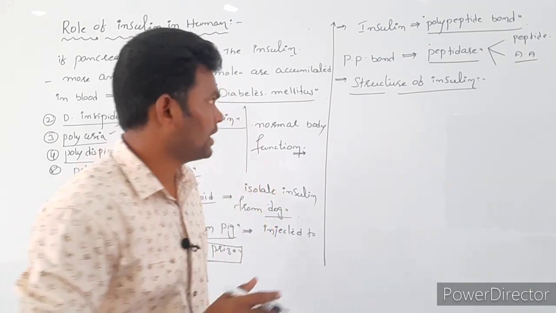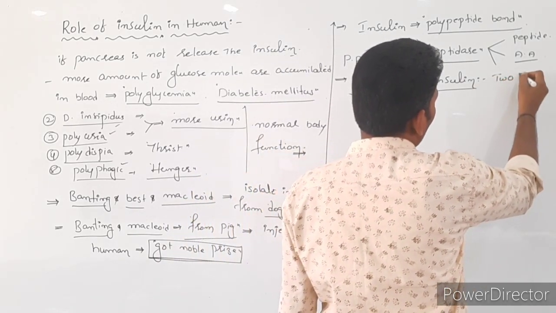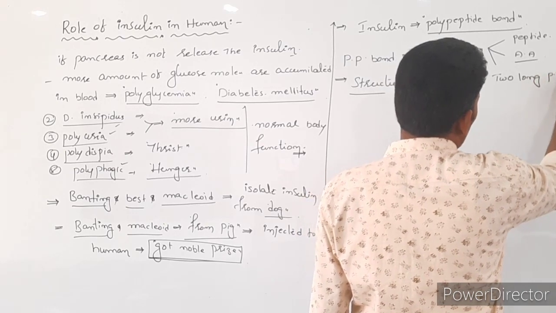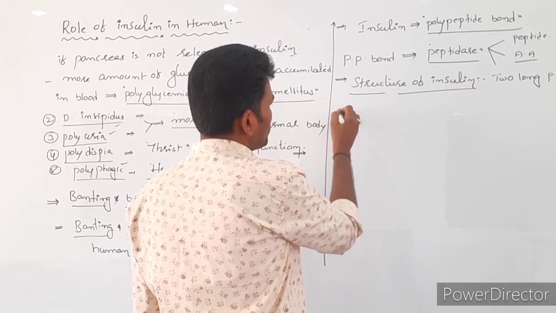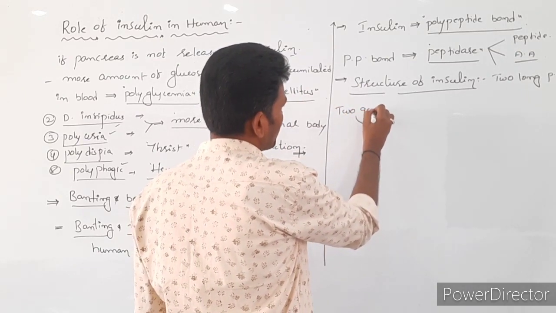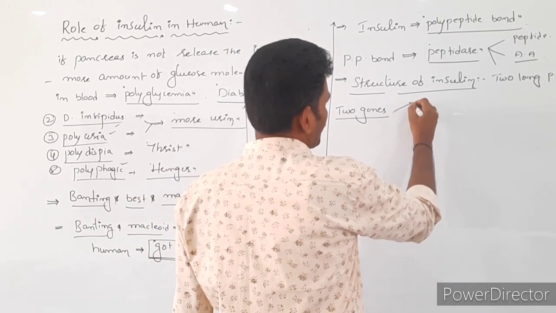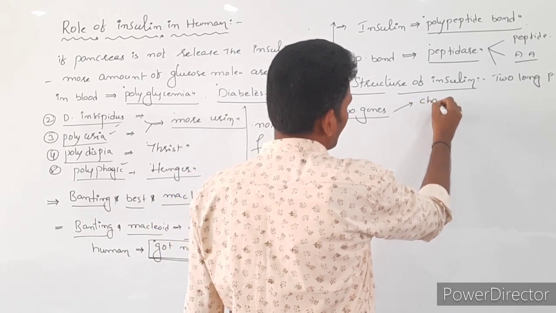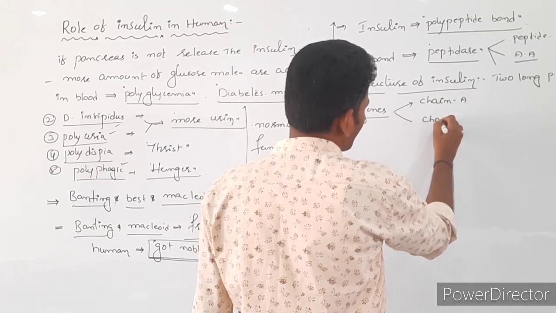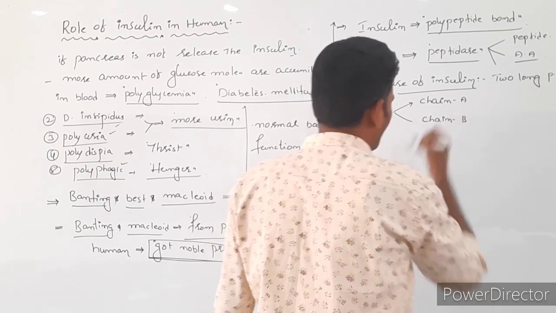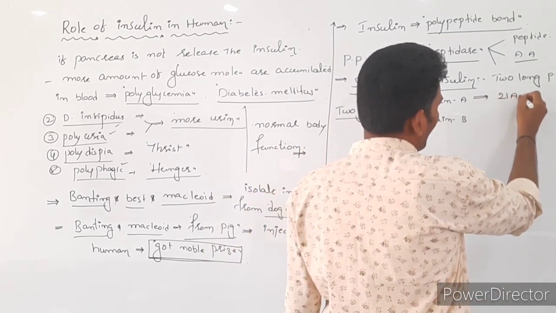Write it. Insulin is a combination of two long polypeptide chains. For that, two genes are responsible. The first gene expressed produces chain A and the second gene produces chain B. Chain A is a combination of nearly 21 amino acids.